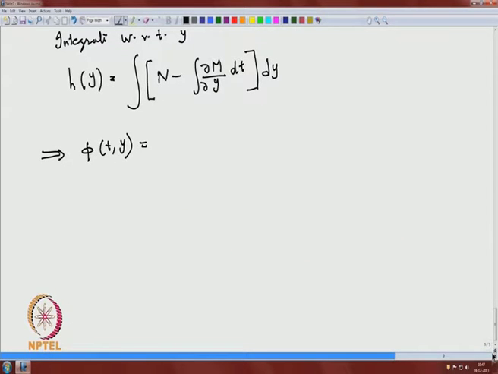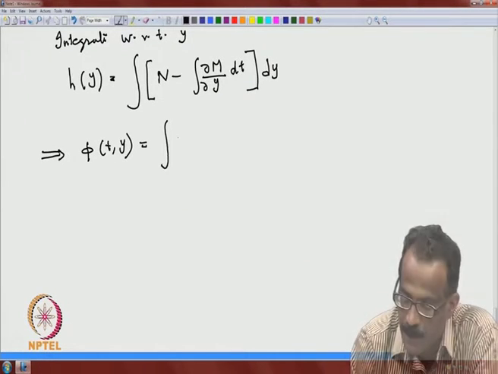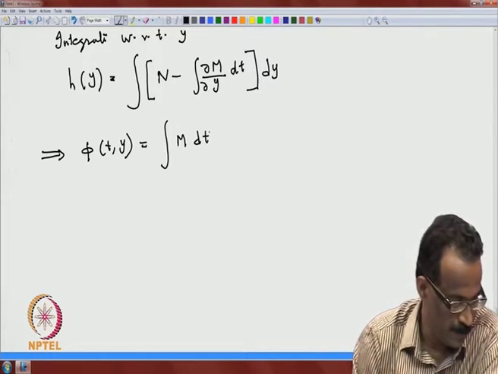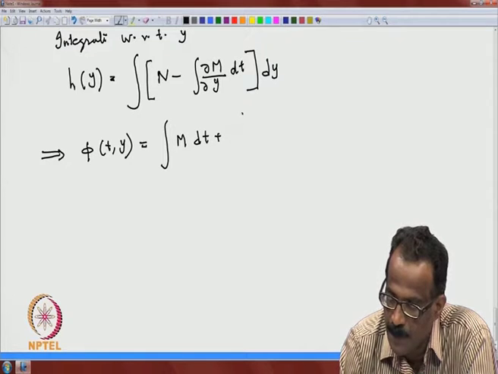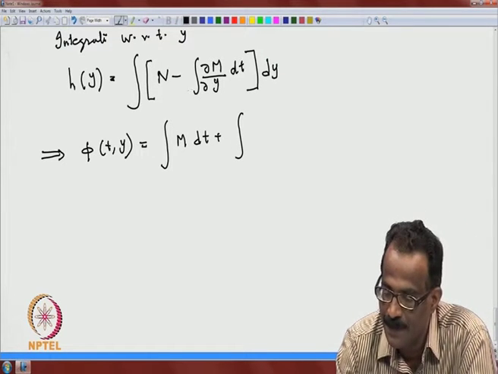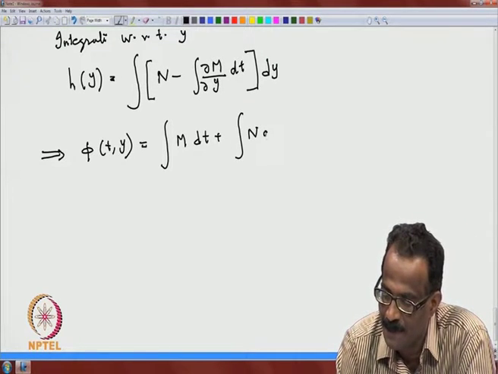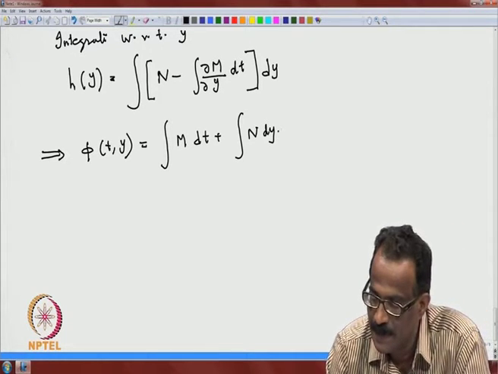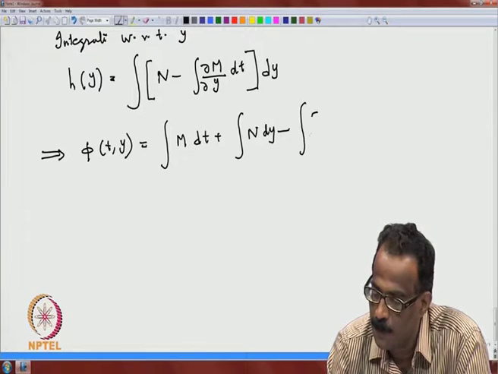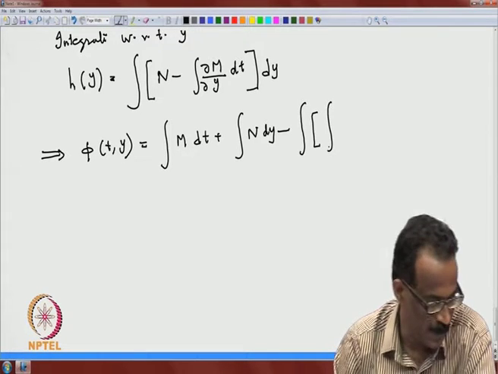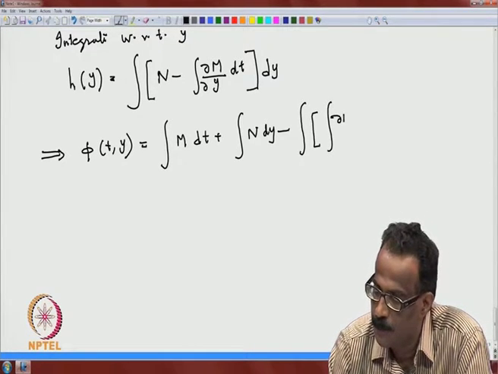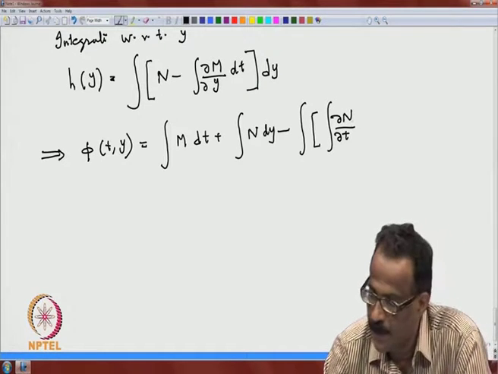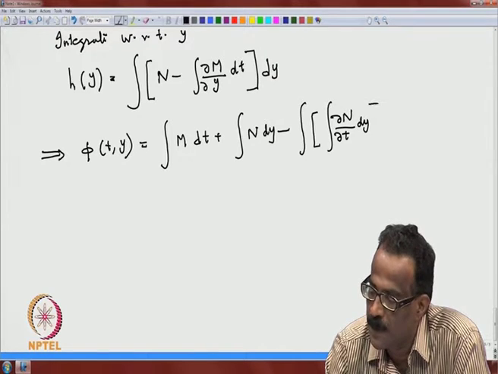So, you will have your phi of t, y equal to the integral of m dt plus the integral of n dy, and then minus the integral of the integral of dm by dy dt, dy.